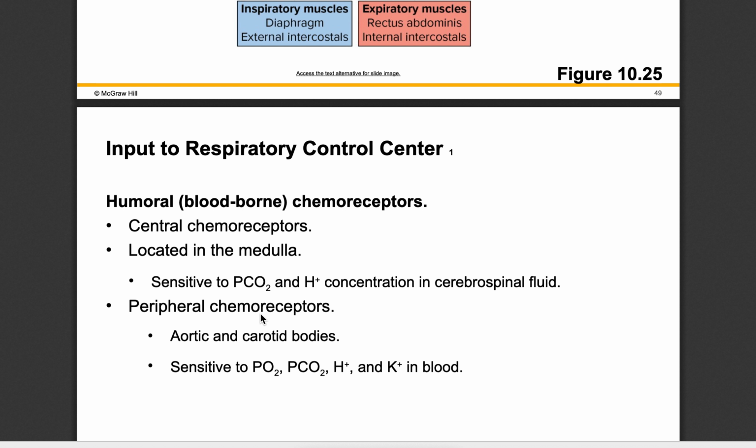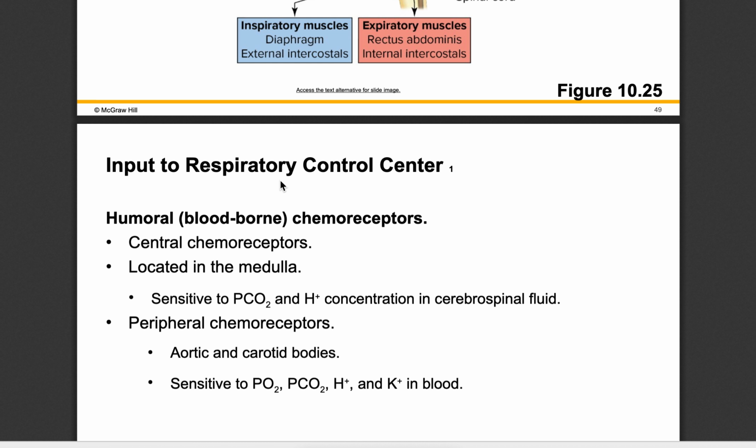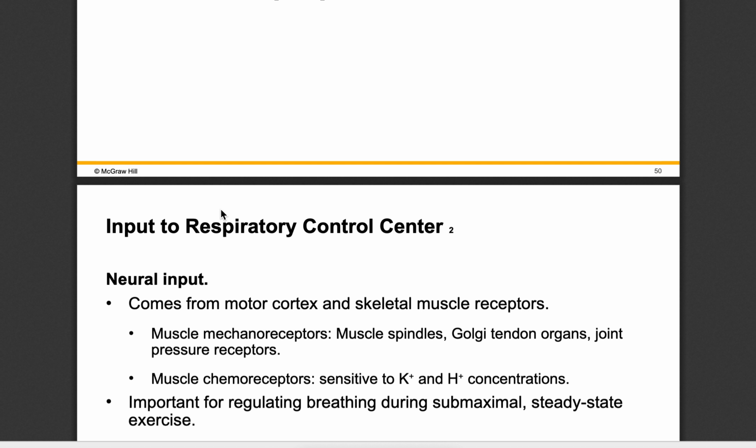All of these help to regulate it with more fine-tuned control. So brain centers help with those big movements, and then we fine-tune our breathing and respiration rates with these receptors.